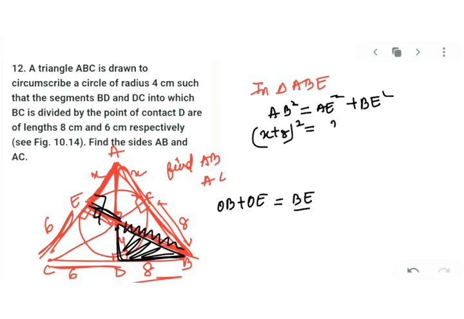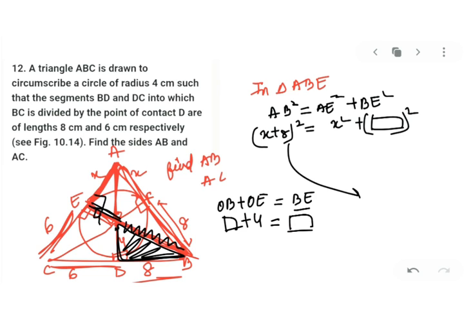AE you have x square and BE आप जब पाइथागोरस से फाइंड करोगे, BO का वैल्यू आएगा, वो आपको 4 के साथ ऐड करना है. So that value plus 4 you will add and you will get BE. And that BE you have to here add up and uska square. So you will get a nice, I guess, quadratic equation. You will get it and then you will solve it. From there you have to find the value of x.